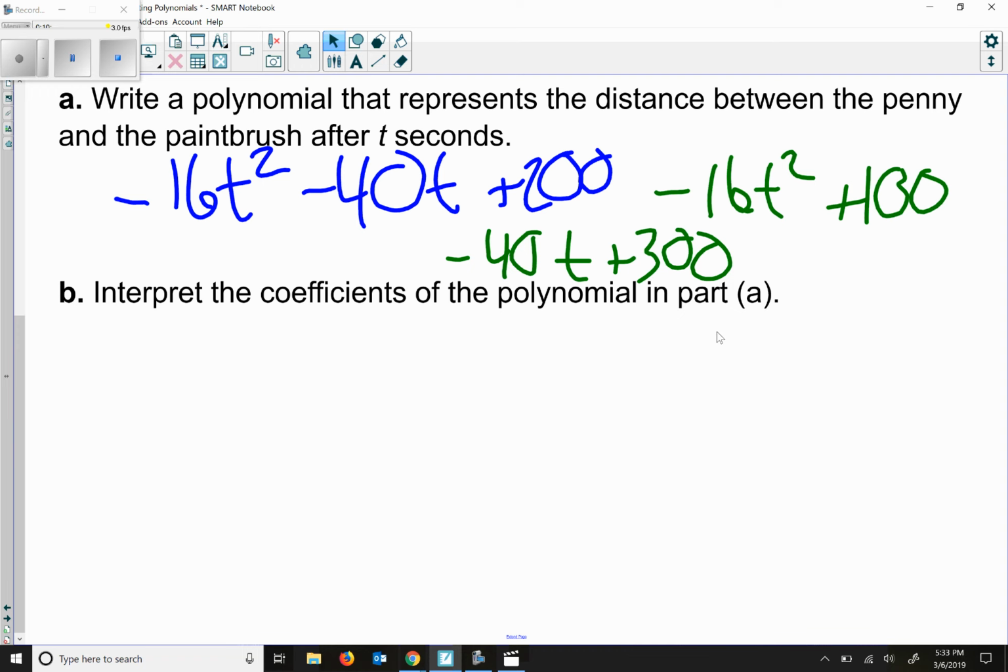So this basically means, you guys, that the objects become 40 feet closer to each other each second. So the negative 40 represents the amount that the distance between the objects change each second. So I know that I didn't write anything down for that, but that's basically what they mean. And again, if you have any questions on this, let me know.